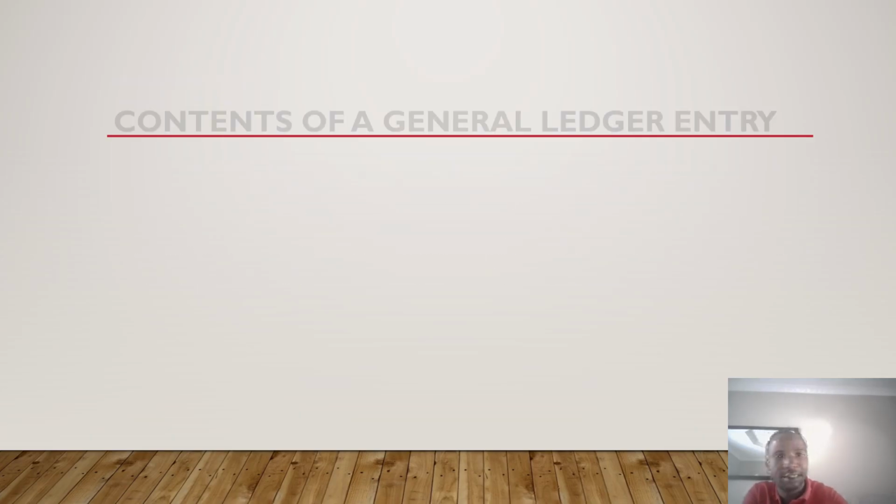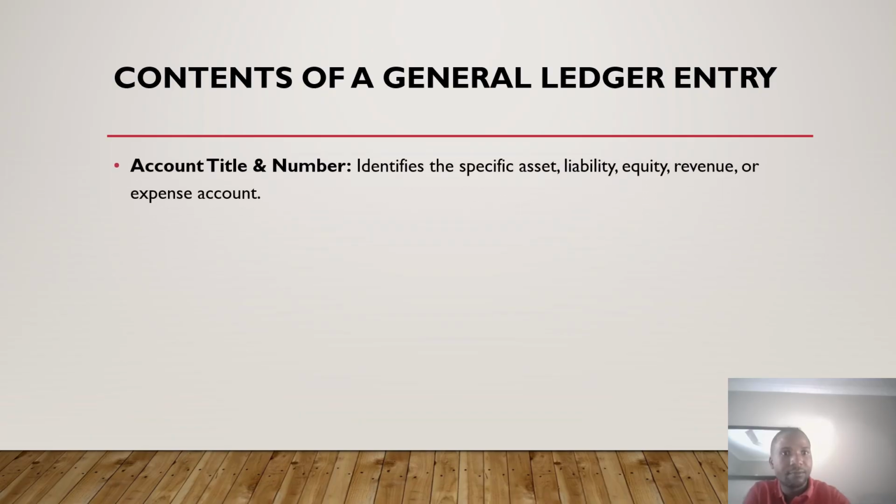So we're going to look at the example, but before we do that, let's look at what are the main features of a general ledger entry. One of the most important is the account title and number. This identifies the specific asset, liability, equity, revenue, or expense account.